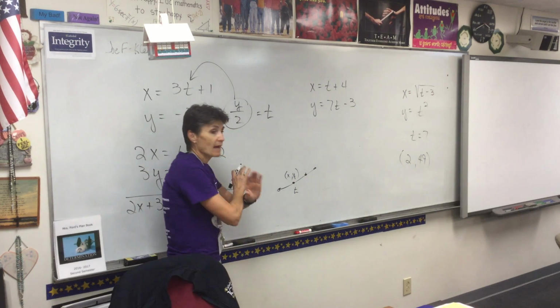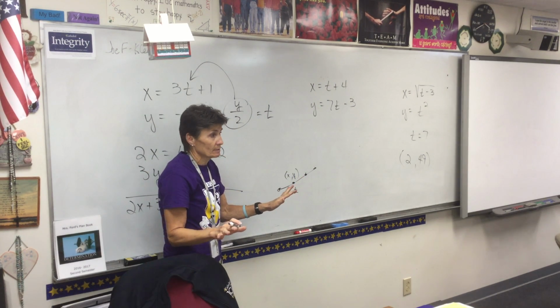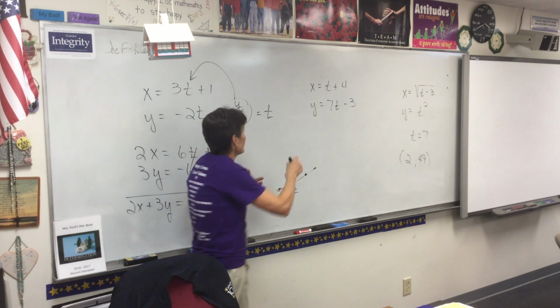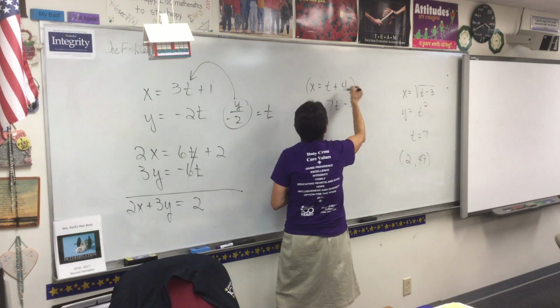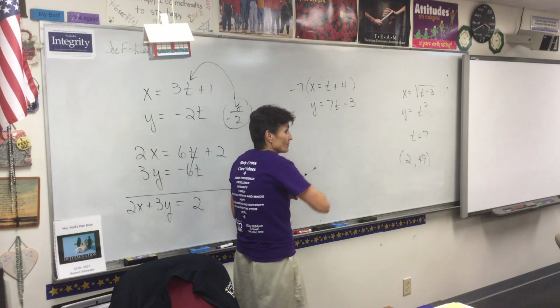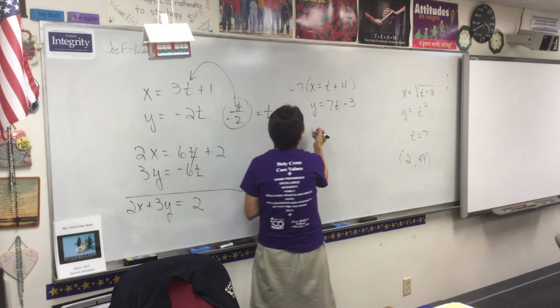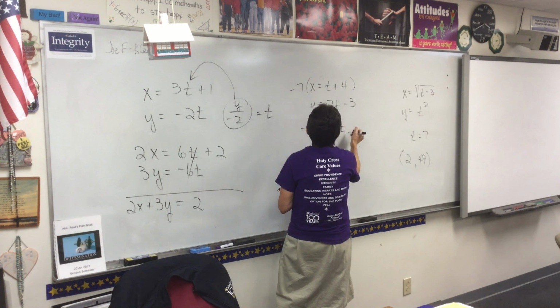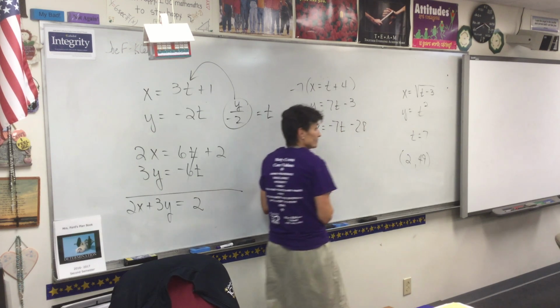Now you can do this however you want, but I heard somebody say negative 7. So could I multiply this equation by negative 7? Yes. And if I did, I would have negative 7x equals negative 7t minus 28.